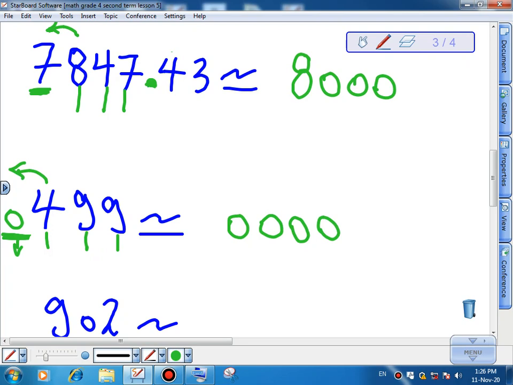So this number will be 0. If I need to approximate to the nearest thousand, look at the number. There is no number in the thousand place. Just imagine it and put 0, and look at the hundreds place, which is 4. 4 is a weak number. Just replace it by 0, and all the digits after, the tens and units, by 0. It will be 0.